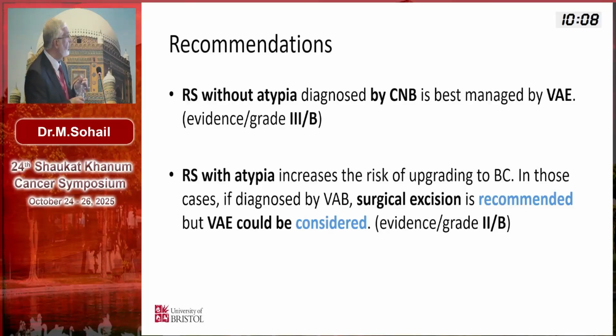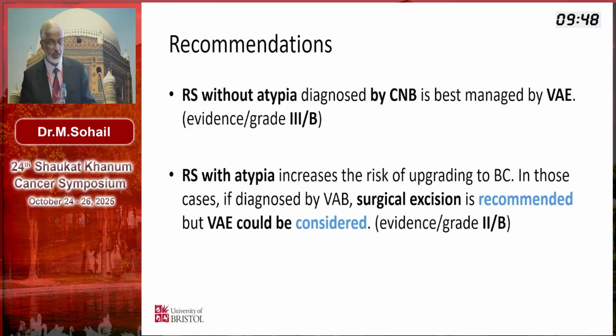Now their recommendation, European recommendation, is that if it is without atypia diagnosed by CNB, core needle biopsy, then it should be managed by VAE, although there is not much strong evidence about it, but they are generally recommending it.